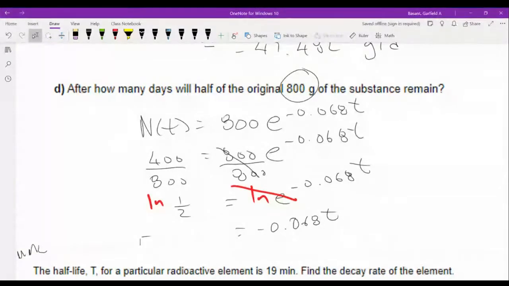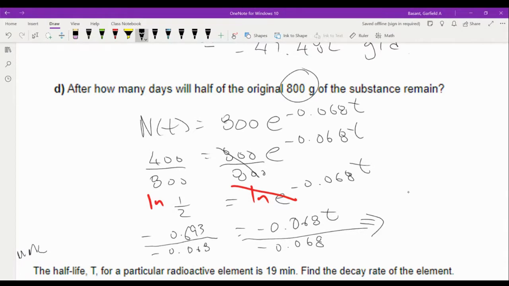What's the ln of 1/2? Negative 0.693. So negative 0.693 divided by negative 0.068 gives us that the half-life is about 10 days. Okay.